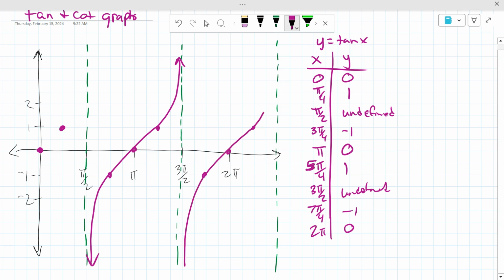It looks like this. It goes like that. But yeah, that's what a tangent graph looks like. We good? Okay, that's not too hard.